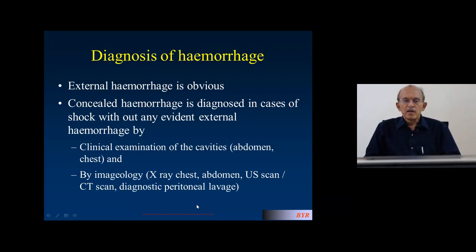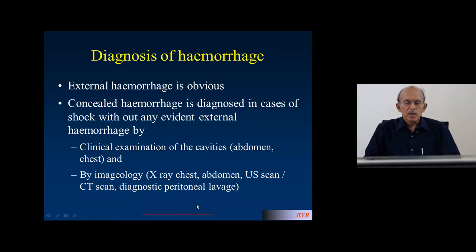Immediately I put a needle into the abdominal cavity and aspirated. Frank blood was aspirated. So what does it mean? That means there is bleeding into the peritoneal cavity. So he was having internal hemorrhage. That was my diagnosis.